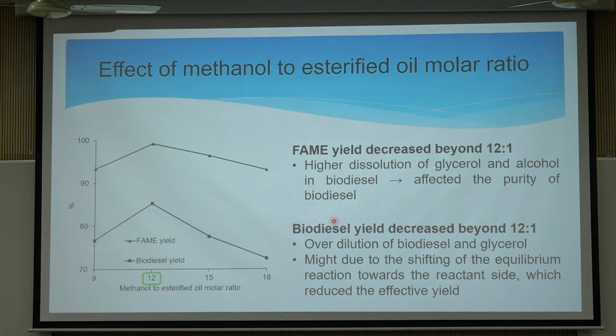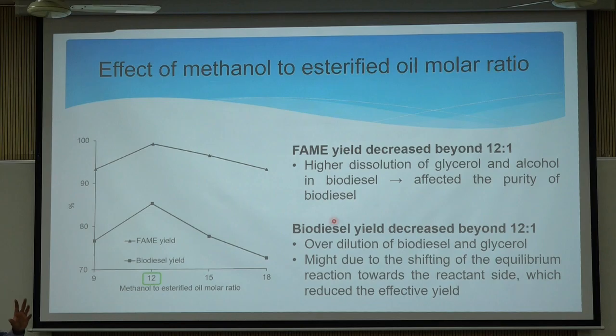You know what the biodiesel yield is already? Okay, then the FAME yield. This is the effect of the methanol to acidified oil molar ratio. From 9, 12, 15, and 18: by the chemical reaction, we only need 3 moles of methanol.